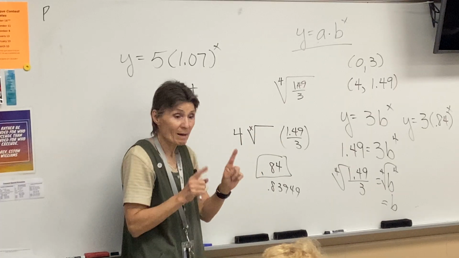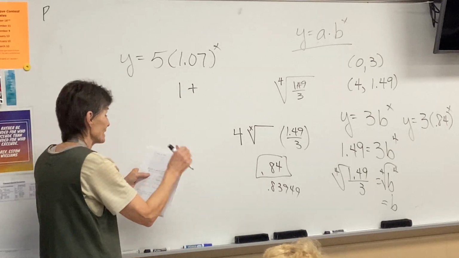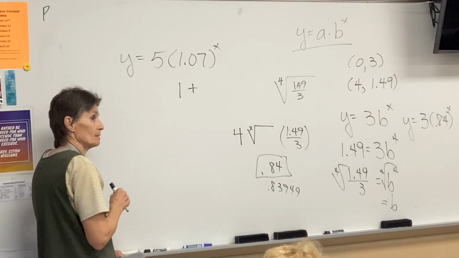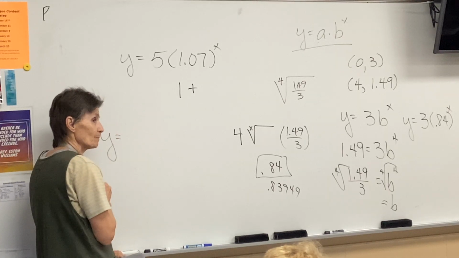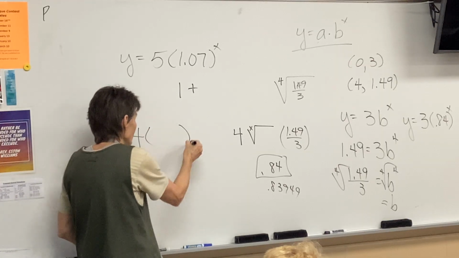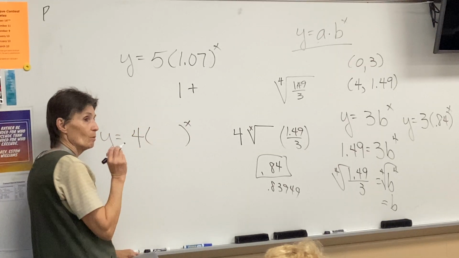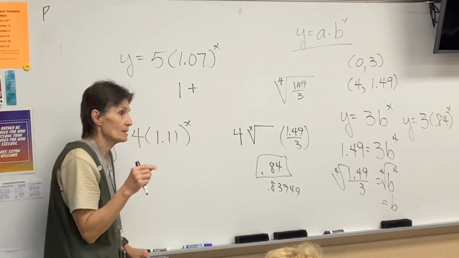Now you're doing the same thing backwards. You have an initial value of 4, and it's increasing 11%. What is that going to be? If the initial value is 4, aren't you going to put 4? And then what are you going to put in the parentheses? 1.11, because it's 11% growth.